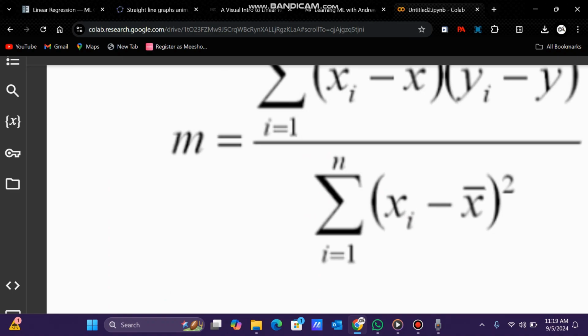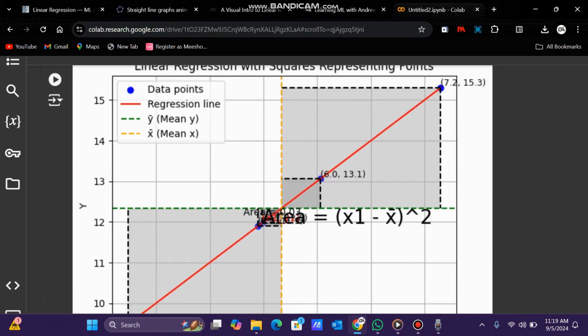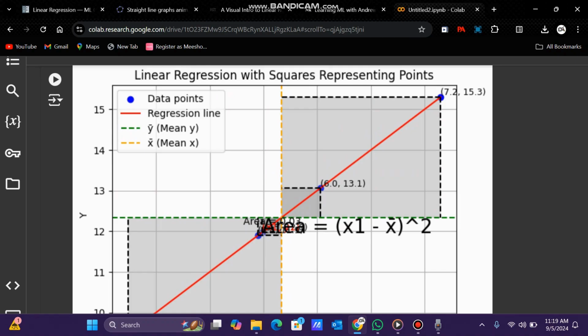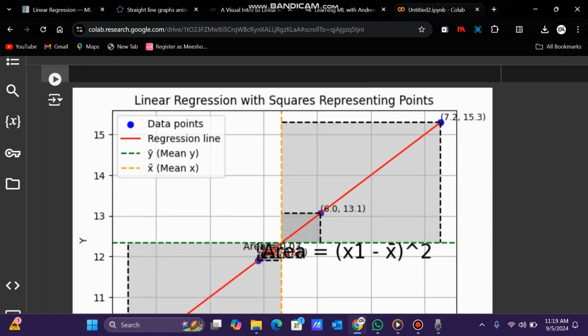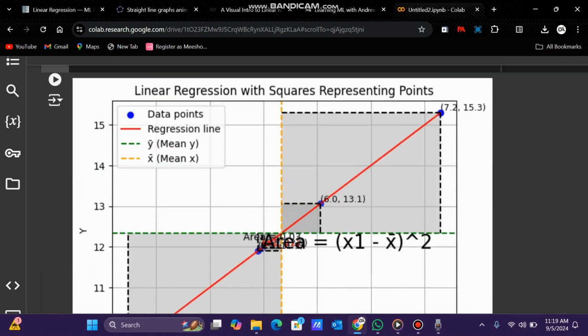When I see this denominator, it's actually xi minus x mean, whole squared. When I come back to this graph, I've aligned all the points to the main regression line, such that the rectangle that was formed above is now a square. It's going to be a square when my points are on the regression line.